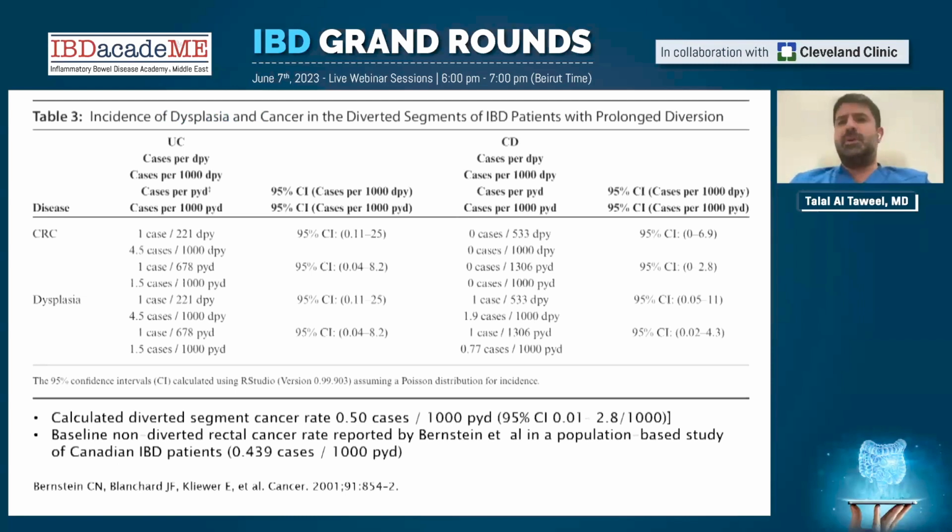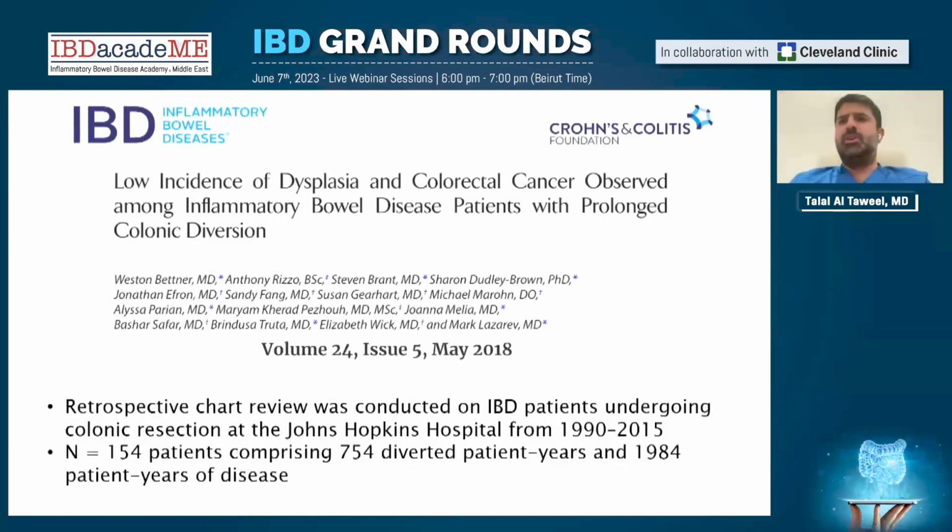So if you look at, there isn't much data. Sorry, previous slide. Go back. Yeah, this one. If you look at the literature, there isn't a lot published regarding the rates of colorectal cancer and dysplasia in diverted colons. There is data for IBD, but not for diversion. The biggest study that I came across is from Johns Hopkins, from Mark Lazarev's group, published in IBD in 2018.